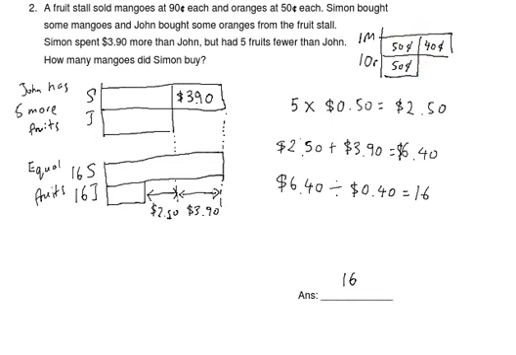How many mangoes, how many oranges will result in a difference of 640? So I use 640 divided by 40 cents. I know that I have 16 mangoes, 16 oranges. Understand? Yes, Colin?